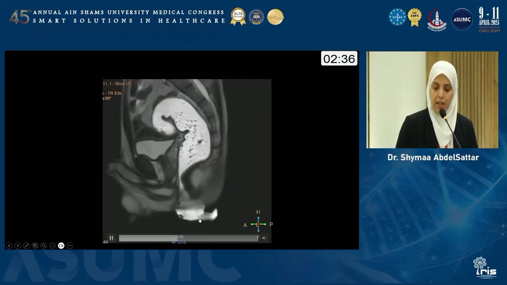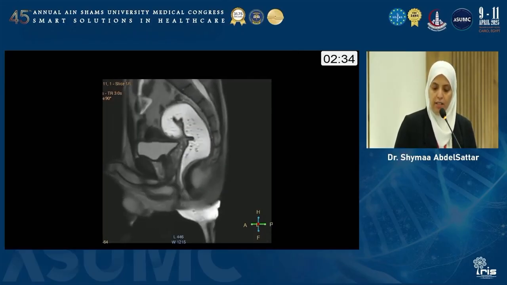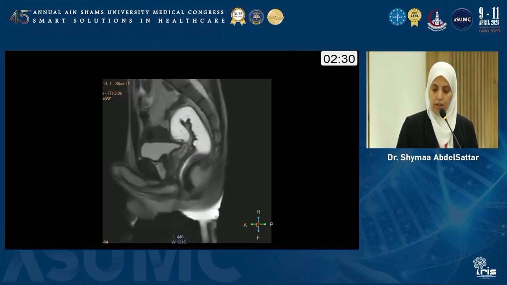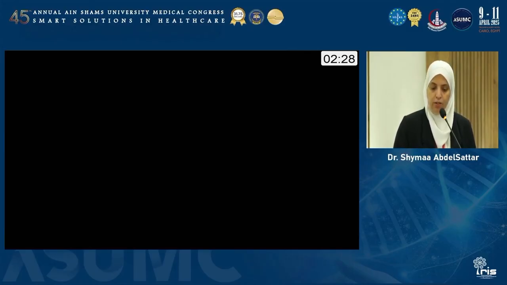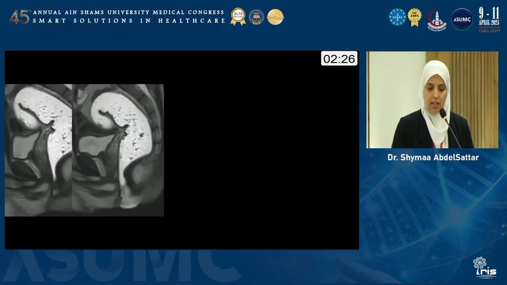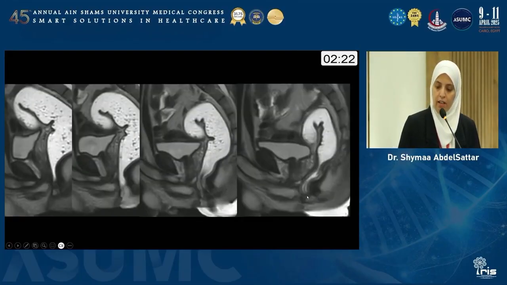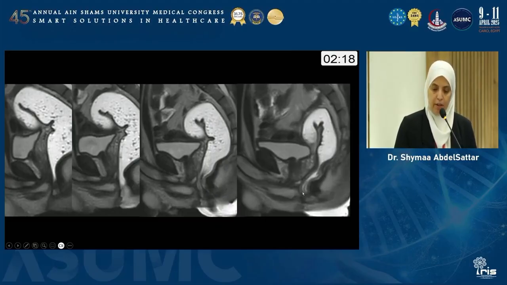We can see here the patient is partially evacuating the rectal content with descent of the anorectal junction. This is a shot of the cine images. We can see here descent of the anorectal junction and pelvic floor descent.